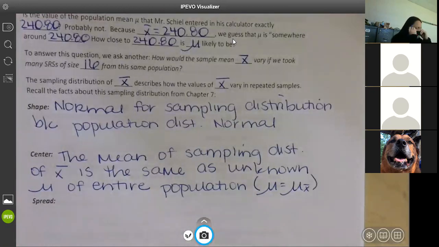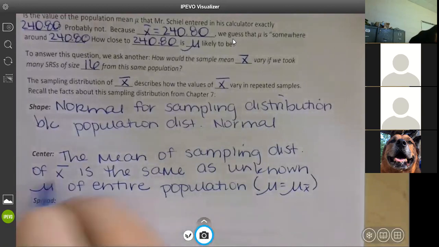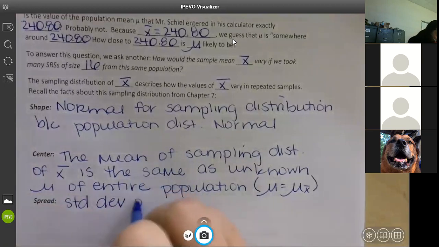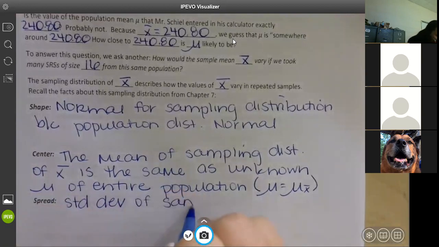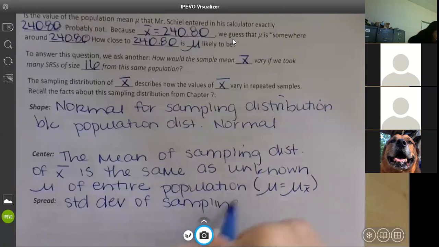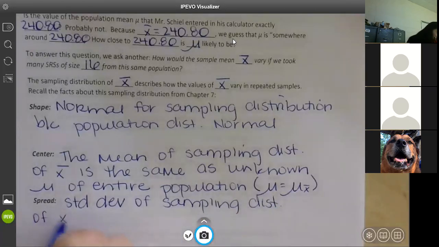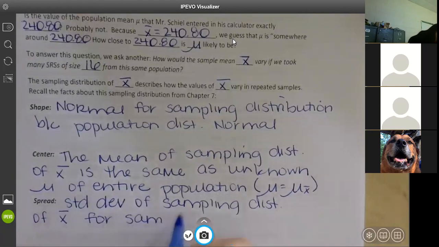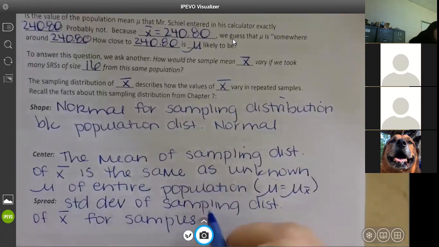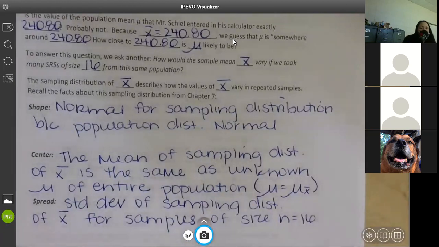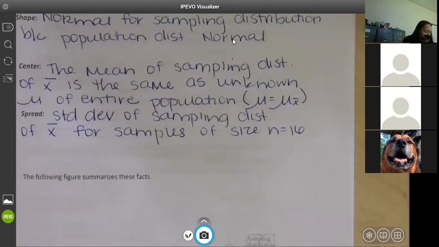And then we did the spread, the standard deviation of the sampling distribution of X bar for samples of size n equals 16. So this is coming from that calculator output.